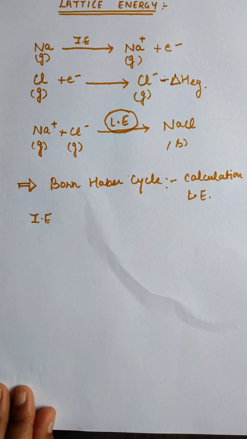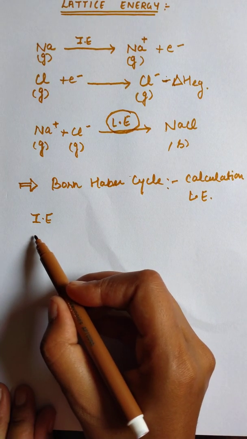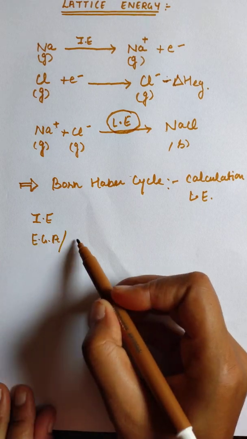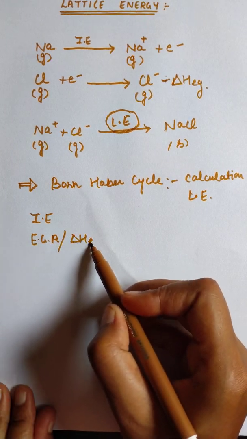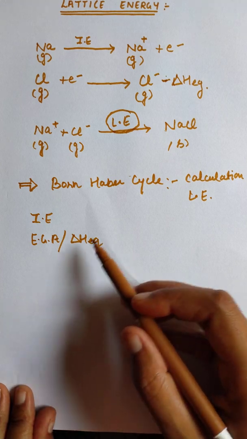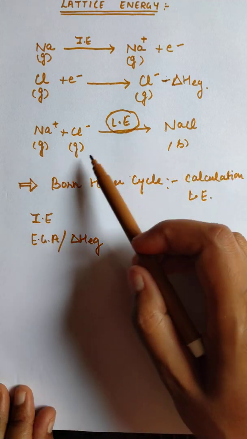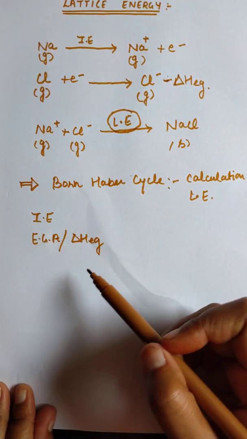The second one is the electron gain enthalpy, which we can write as delta H Eg. It is the energy released when a gaseous anion is formed.